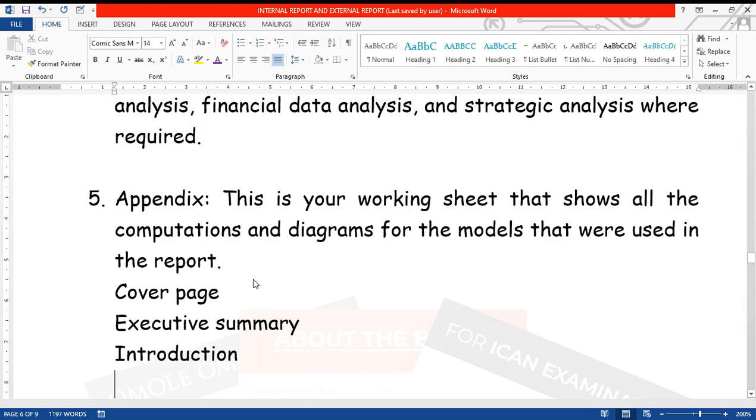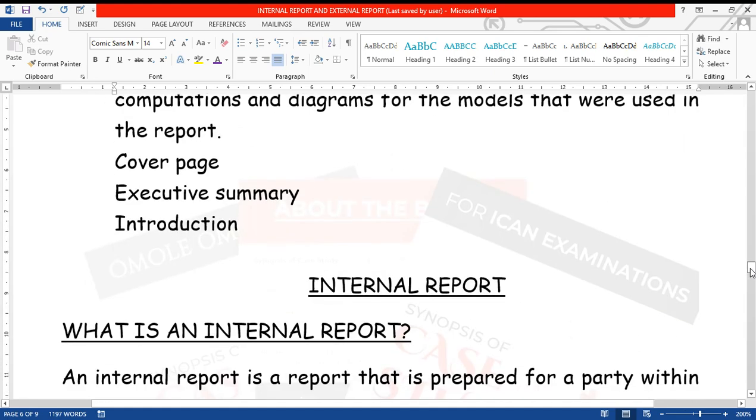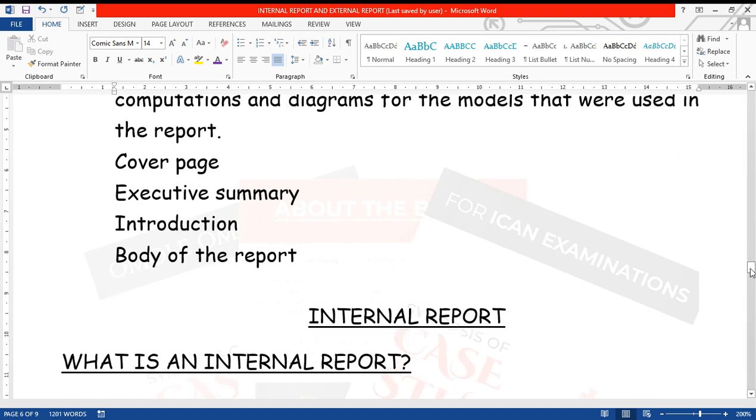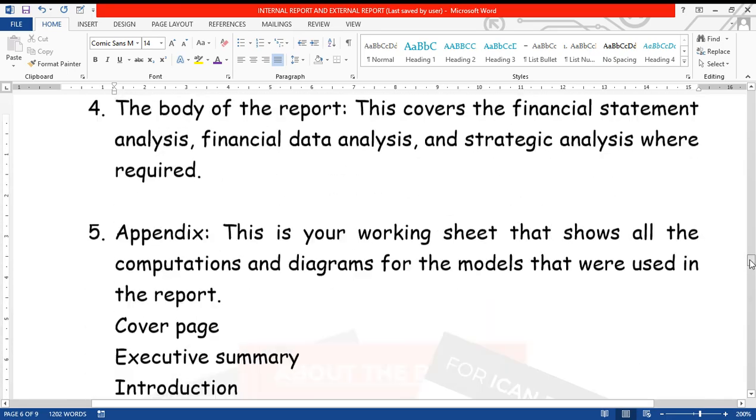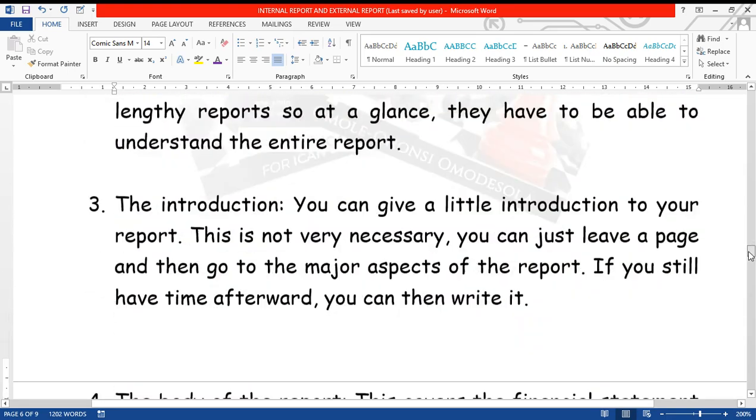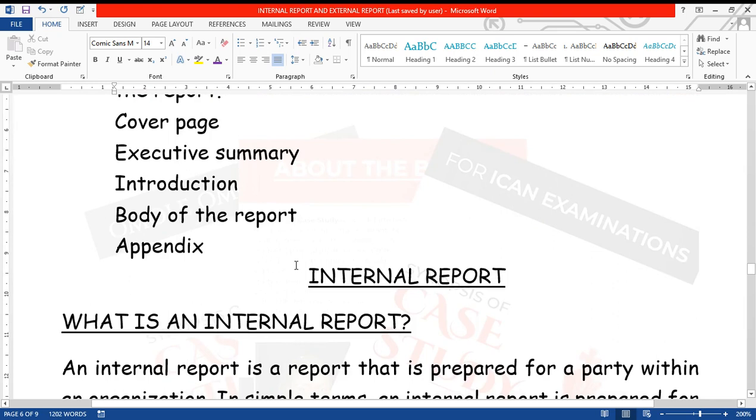Then after that, you move down to the body of the report. Then move down to your appendix. So that's just a summary of the external report.